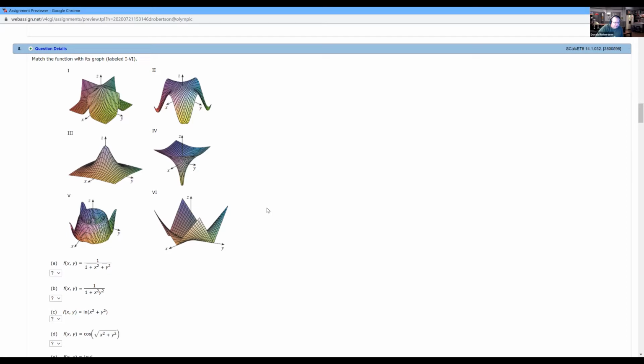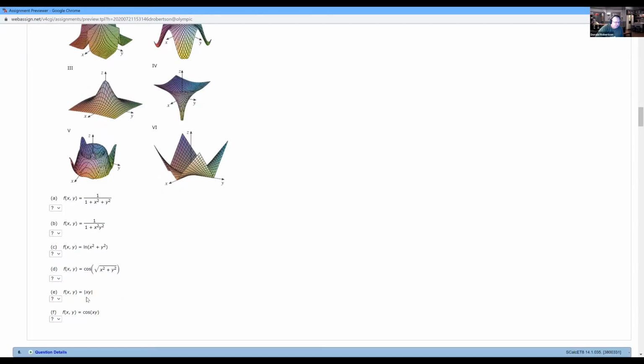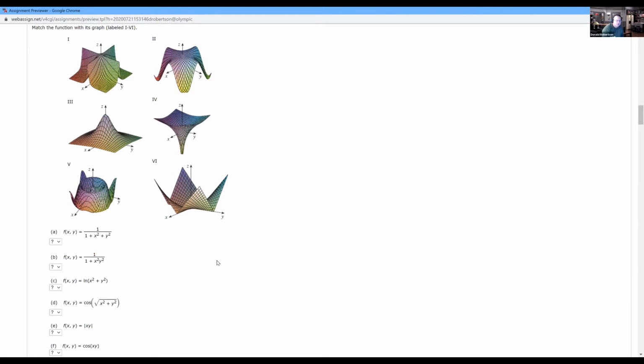Anyone want to have a shot at it? Which one of these shapes is the absolute value of xy? 3. So you're looking at this shape here. Okay, let's see. Absolute value of xy. No, but it took me a while to figure out no. Why? Well, here goes.